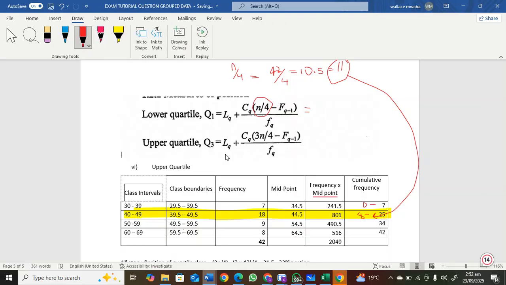So the lower limit, 39.5, plus class width, 49.5 minus 39.5, that is 10. Open brackets, n divided by 4, that is 11. Cumulative frequency before our quartile class is 7.